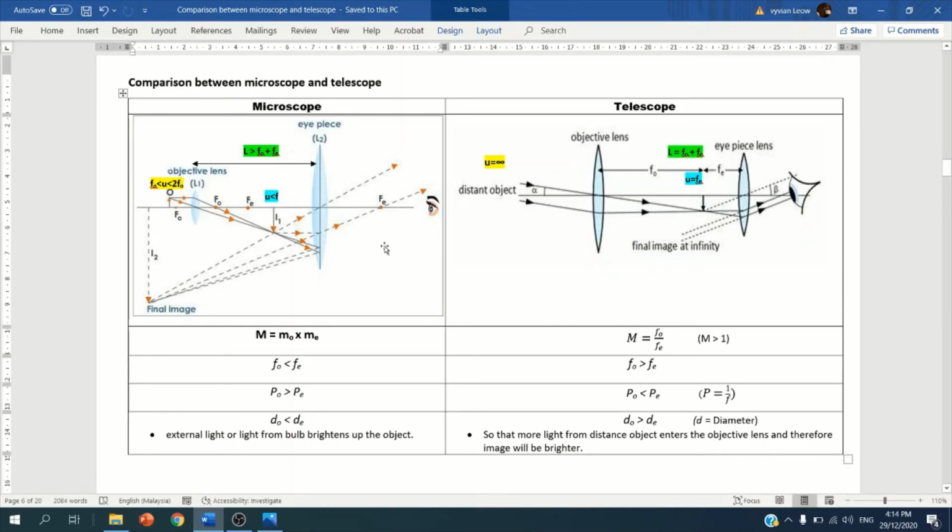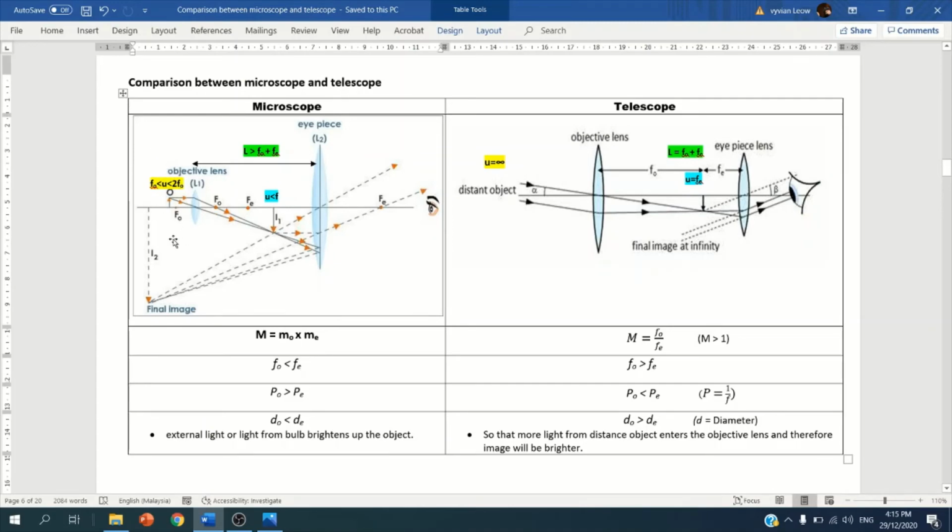Now, what about the microscope? For the microscope, the slide where the microorganism is placed is at u more than f and less than 2f, which is case number 3.